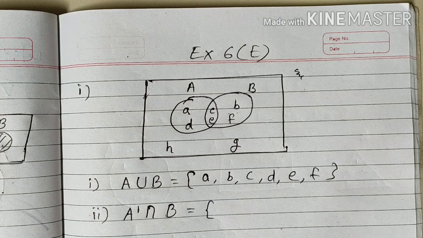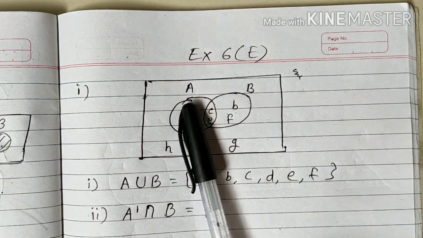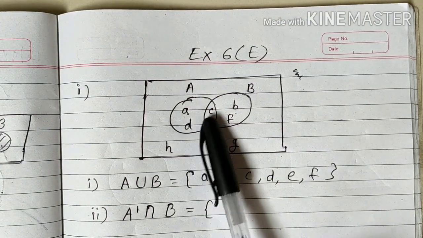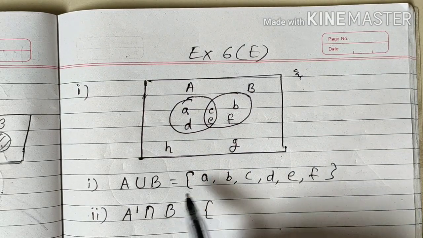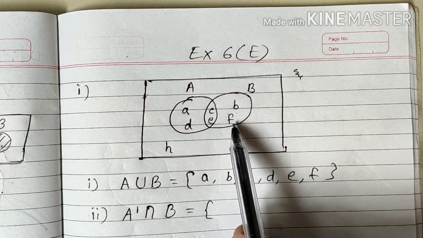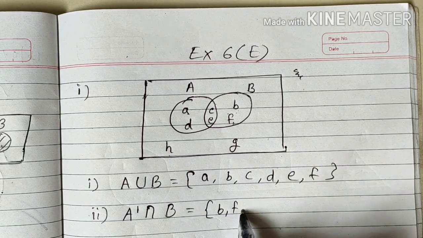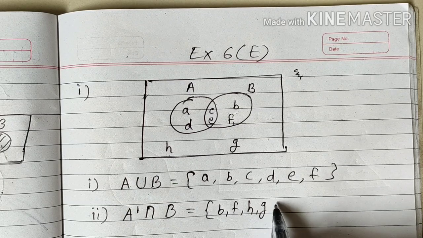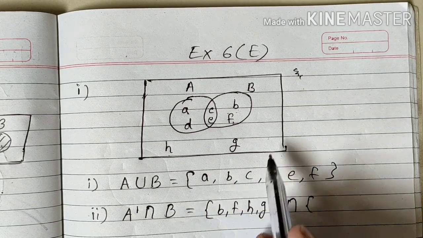Now tell me, if we remove the elements of the A set, then what are the remaining elements of A complement set? B, F, H, G. And its intersection with the B set. What is our B set?